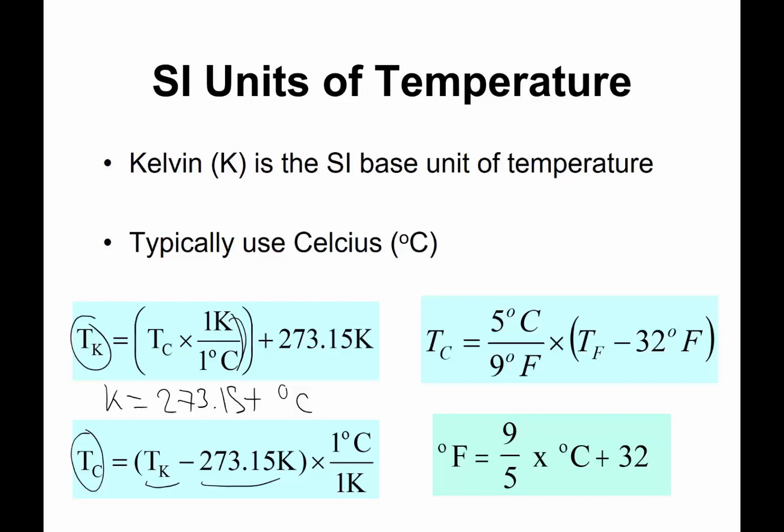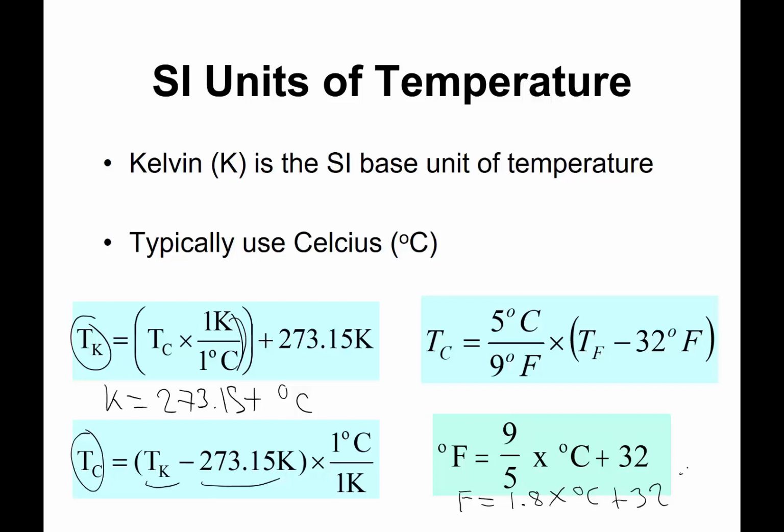Going from Celsius to Fahrenheit, or Fahrenheit to Celsius, is a little bit more complicated. We have this fraction here, 9/5, which is 1.8. So this formula here goes from Celsius to Fahrenheit: Fahrenheit is 9 divided by 5, exactly 1.8, times degrees Celsius, and then you have to add 32.